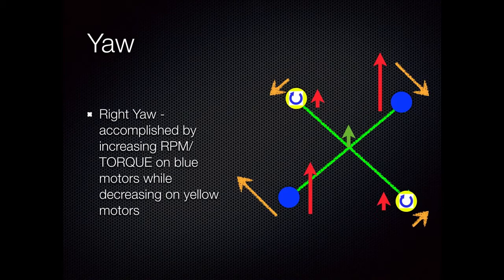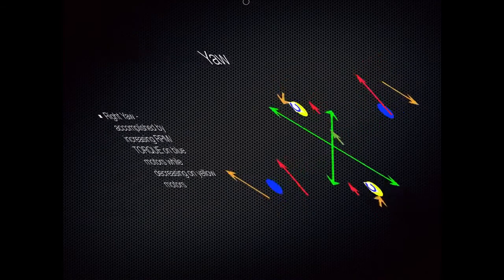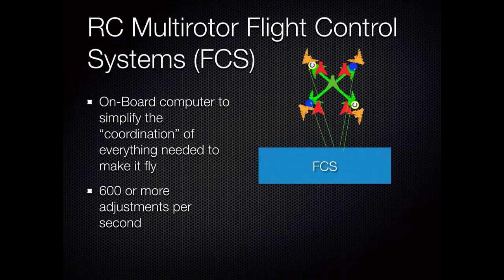So a lot of the advanced quad rotors and multi-rotor systems use a flight control system, which is basically a little onboard computer that manages all those control inputs for you, and it coordinates all the actions of the motors to orchestrate the symphony, if you will, to keep the thing flying straight and stable. What's great about it is it can make such minute corrections so quickly that it would be hard for a human to do that.